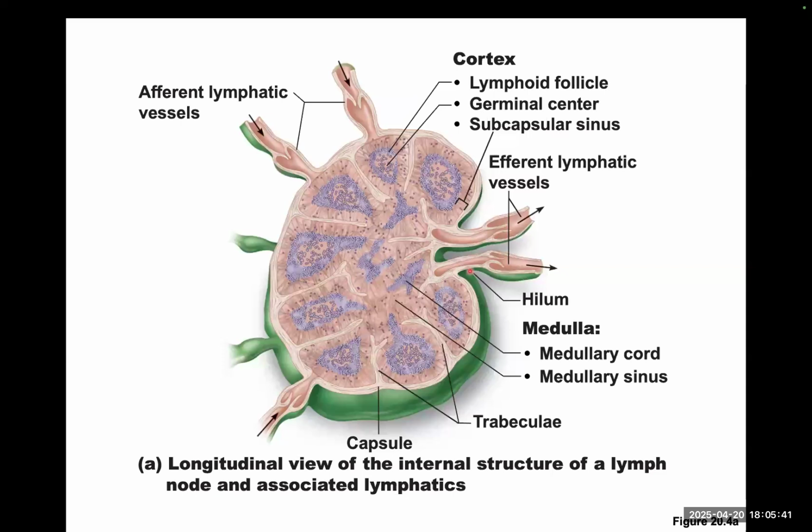You have the cortex, you have the medulla, you have afferent, you have efferent. So lots of stuff, you'll see it many times when we're naming the structures. If we had a cadaver, we could try to dissect some out, but it's very, very difficult.